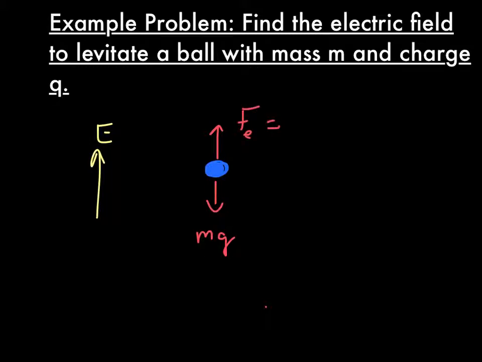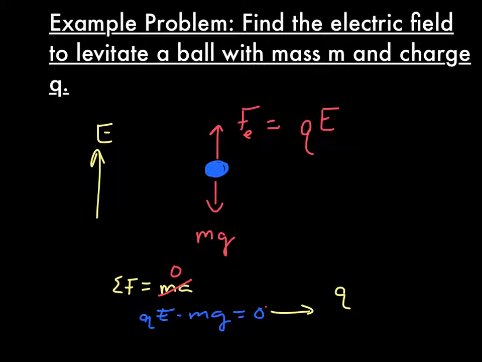Now, the electric force is Q times the electric field, and it's not going anywhere. It's not accelerating, so we use Newton's laws: sum of forces equals ma. Since it's not accelerating, you get QE minus mg equals 0.